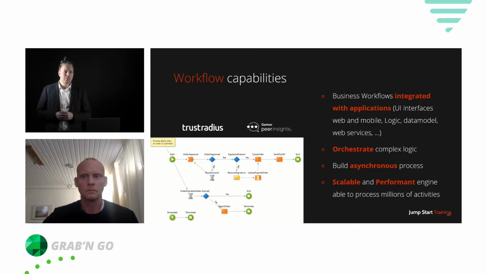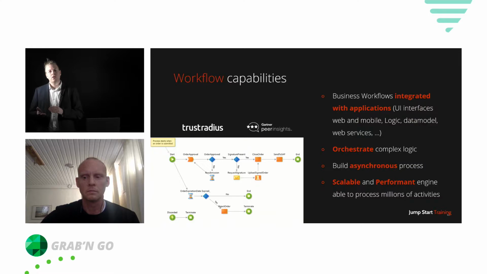One of the benefits that has come in recent versions of Outsystems is that you're able to build asynchronous workflows. This allows for a completely different and improved scalability and performance. That means when you build a workflow in Outsystems, you don't have to think of it as something small or niche. You can build very huge processes that would process millions of activities with no problem.